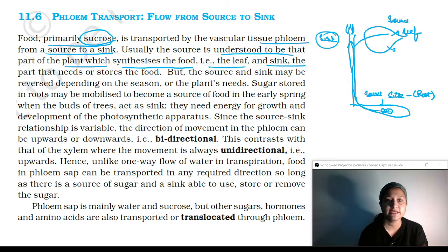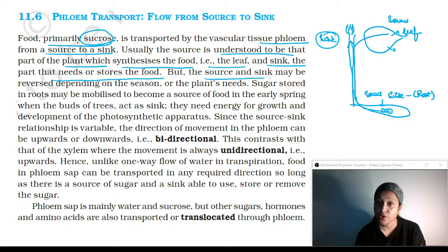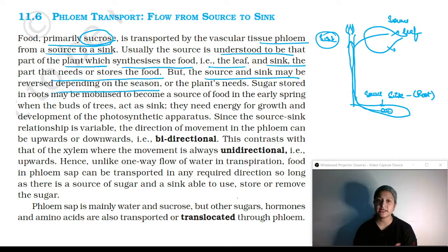And sink is the part that needs to store the food. But source and sink may be reversed depending on the season. So according to the season it can be reversed.